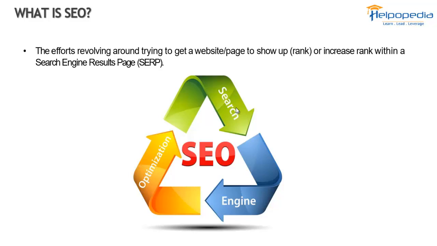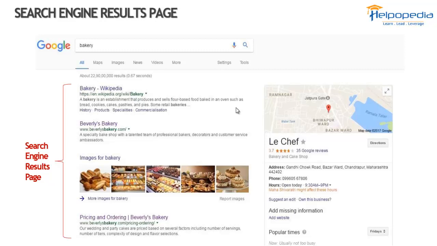So that is what is mentioned over here, that all the efforts are revolving around trying to get a website to show up or rank in a search engine, that is called search engine optimization. So it will come up in the search engine results page. So this is what SEO is, and this is the search engine results page. So whatever we see after searching for a keyword, whatever comes up over here, this is called the search engine results page.